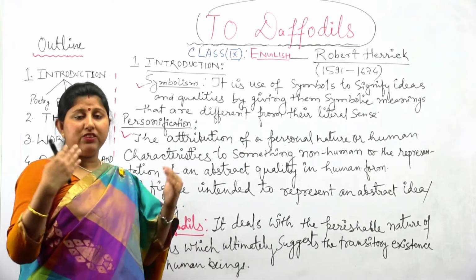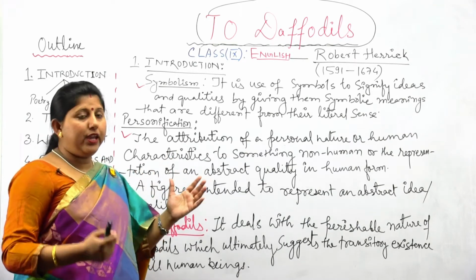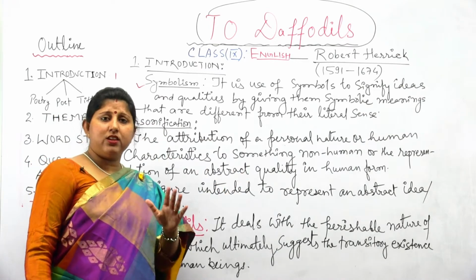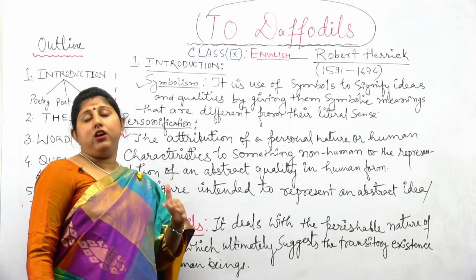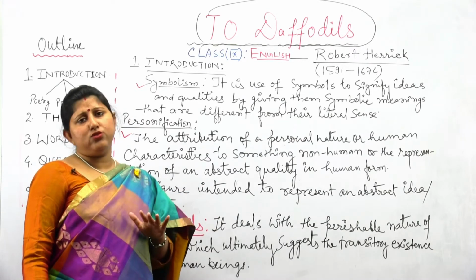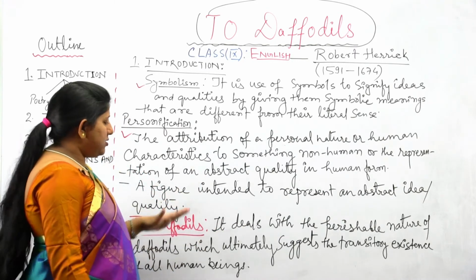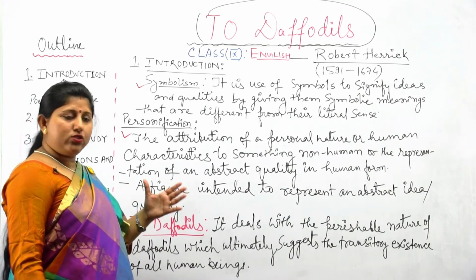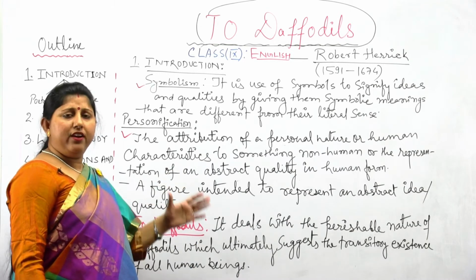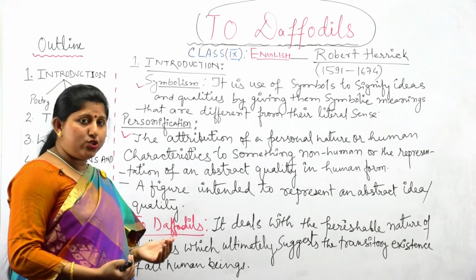Keep these points in mind when we analyze the whole poem. Robert Herrick was a poet who used simple words and brevity in his poems, because he wanted to convey the exact idea by using the exact word. That's why he chose this beautiful flower, daffodils, to compare with the lifespan of a human being, since they both decay very soon.